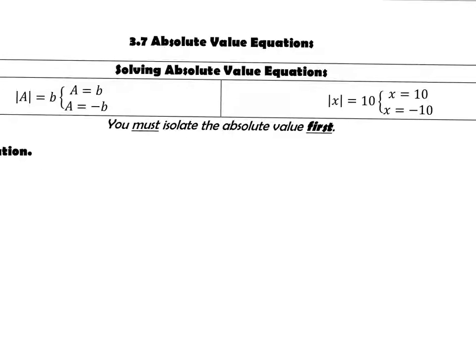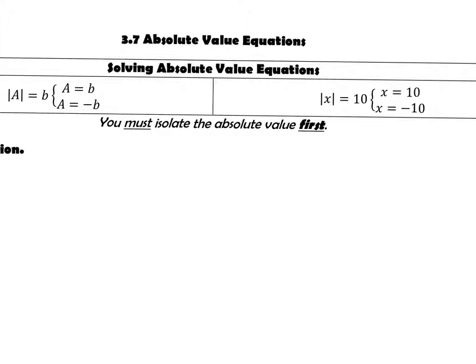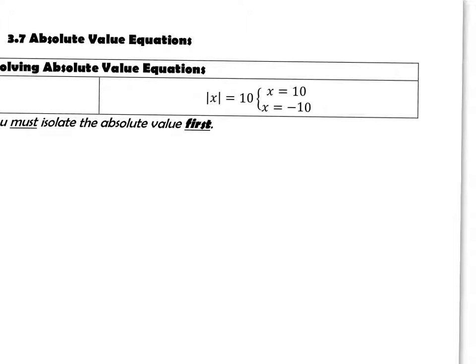So this is going to be a little easier to think about if we look at some numbers. For example, over here, where it says the absolute value of x equals 10, well, x could either be 10 or x could be negative 10. Like I said, think about this as distance from 0. If I start at 0, it says that the absolute value of something is 10.